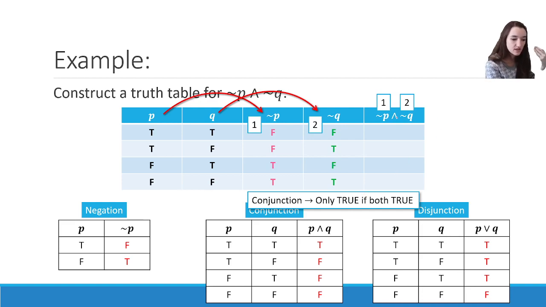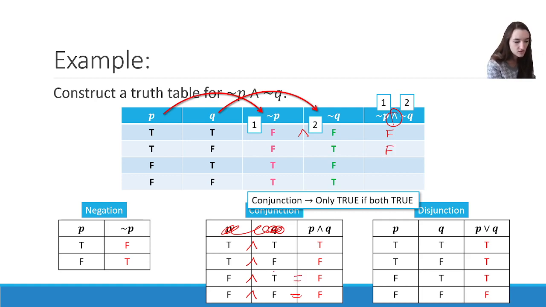So our final thing is our conjunction, right? Just like before, it might be a little bit easier not to think of it like this, but to think of it like this, right? Here's our conjunction. So here, if I have false and false, what does that equal? That equals false. Here, false and true, that's false as well.